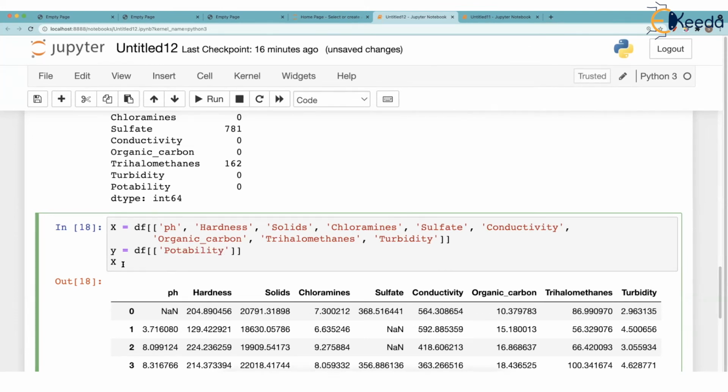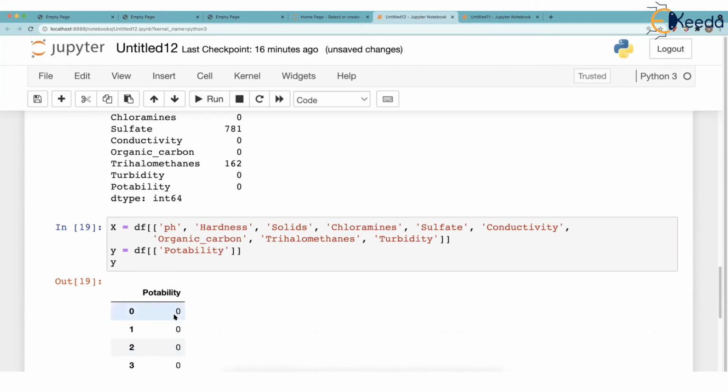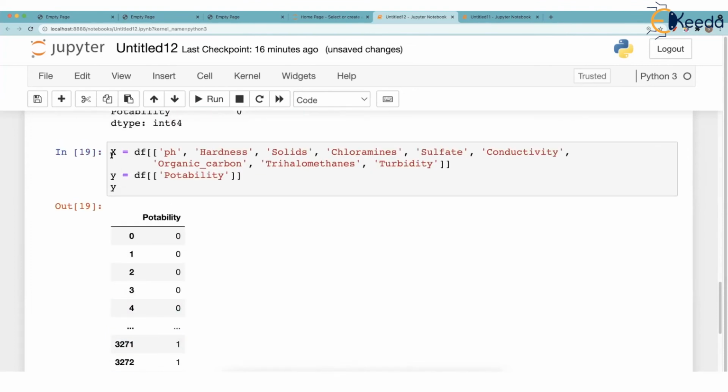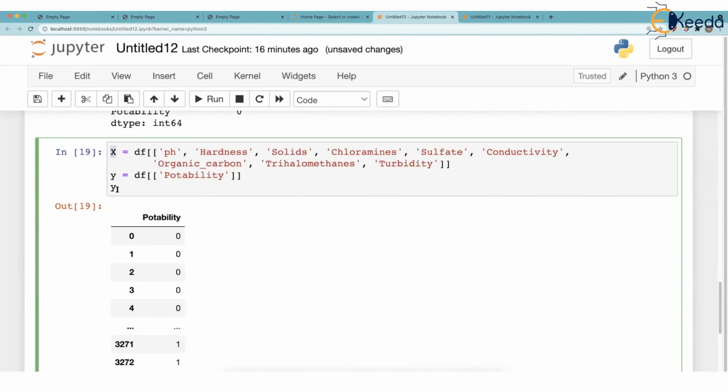So now if you print small y, it's going to print only potability. This way we have separated out, and now we will work with X and Y together to do predictions or to write our Python machine learning model.